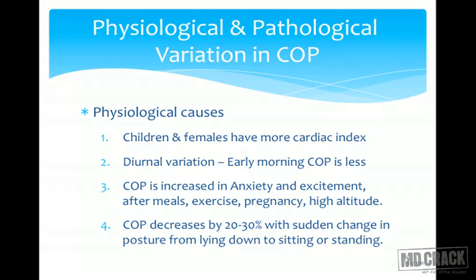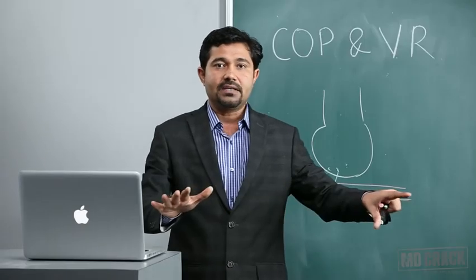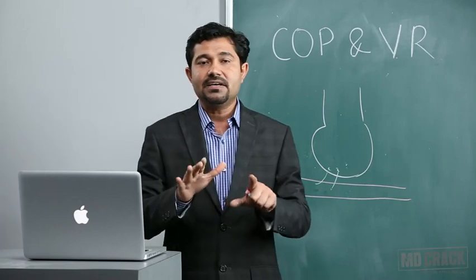It will increase at high altitude because of the hypoxia, which again stimulates the heart, causing an increase in the heart rate, and ultimately the cardiac output will increase. Cardiac output decreases by 20 to 30% with a sudden change in posture from lying down to sitting or standing. If the person is lying down, the effect of gravity is not there.